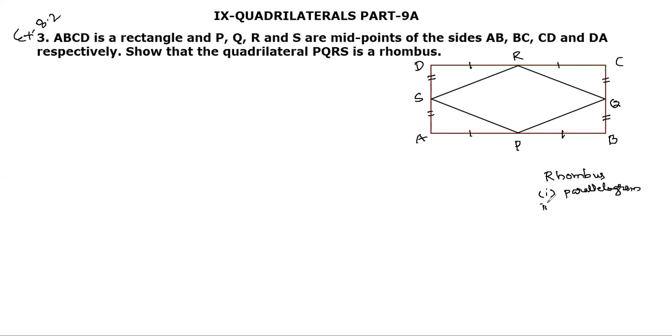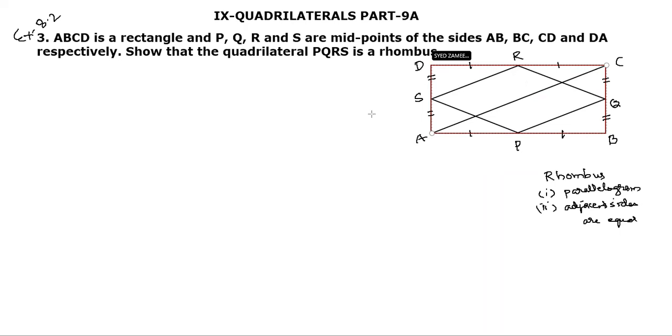So if we show that any two adjacent sides are equal, then it will become a rhombus. So in order to show this, we have to draw a diagonal AC.